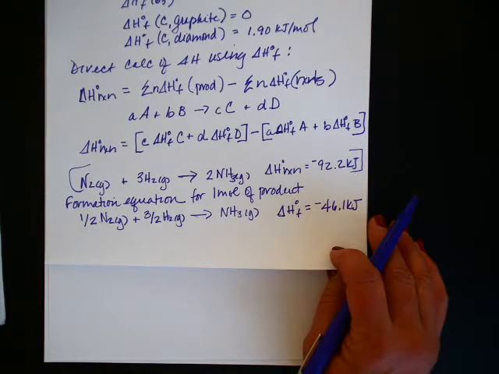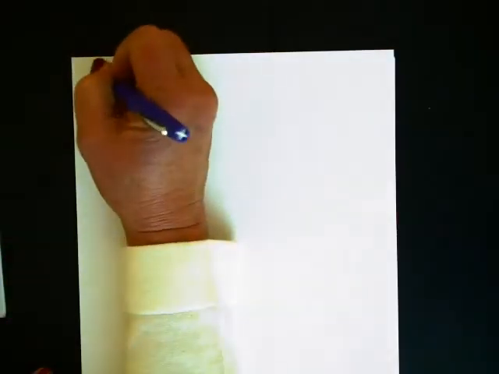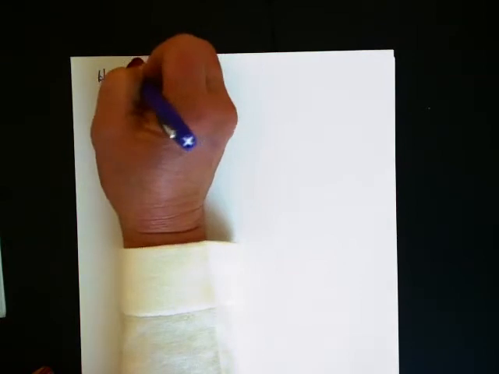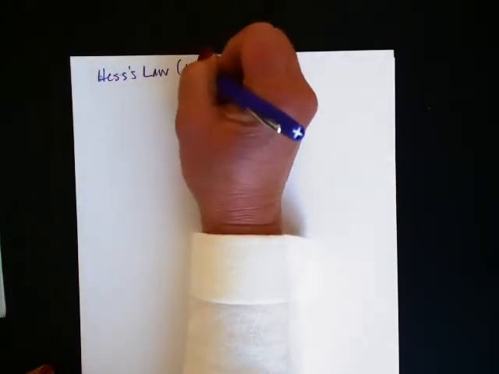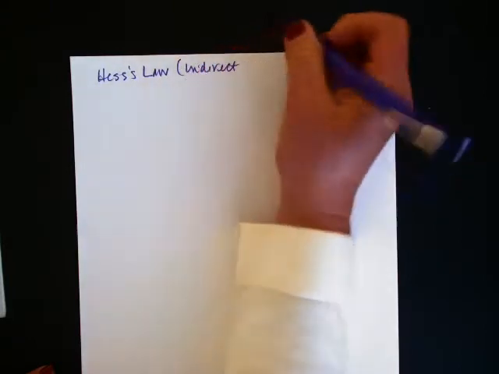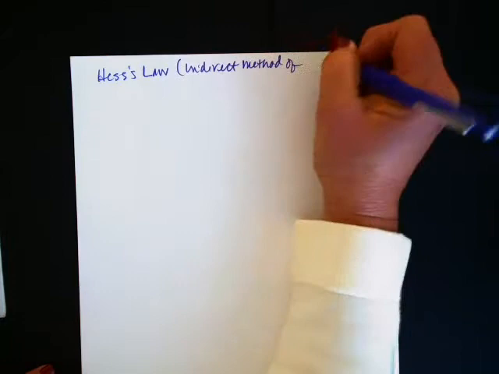And that is what is applied in Hess's law, which is the indirect method of calculating delta H.